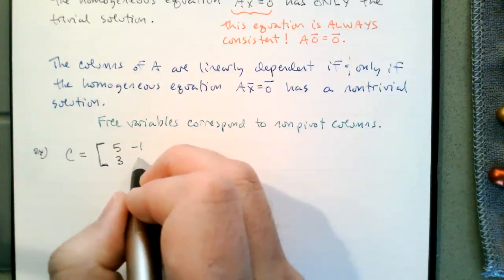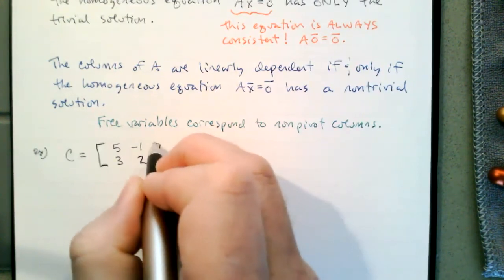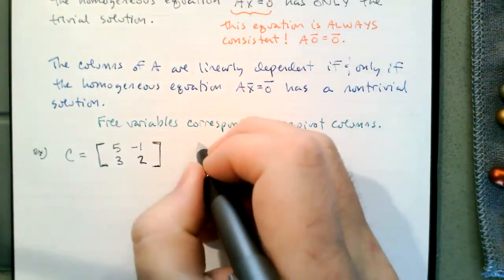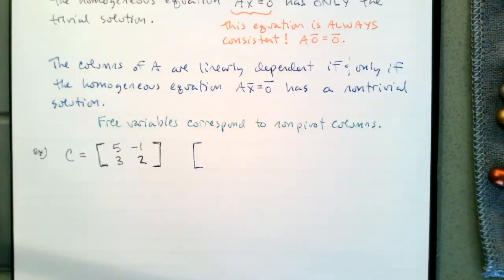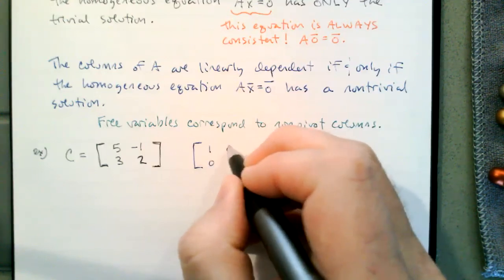So 2. We are looking at a matrix. And when we're looking at a matrix in linear algebra, we should start wondering, I wonder what the reduced echelon form is. So we plug this into our calculating machine, and we find that the reduced echelon form is 1, 0, 0, 1.